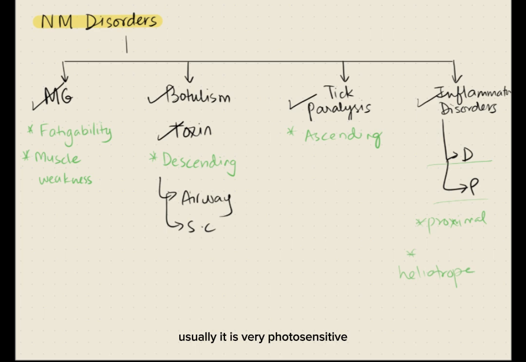Usually it is very photosensitive. The diagnosis of inflammatory disorders can be made with an elevated CK level, but a normal CK level does not rule it out. We have to do EMG and muscle biopsy to be sure. The treatment is oral prednisone 1 to 2 mg per kg per day.